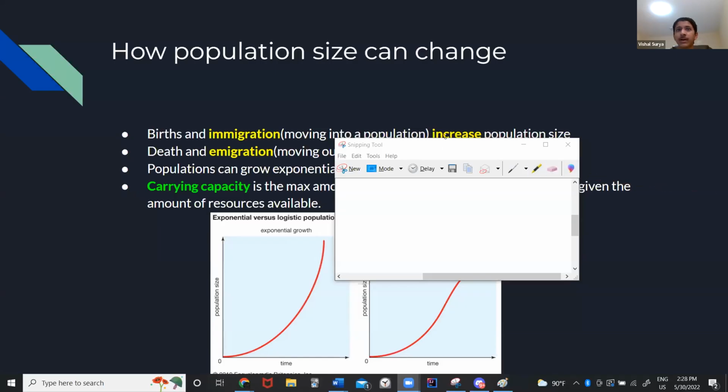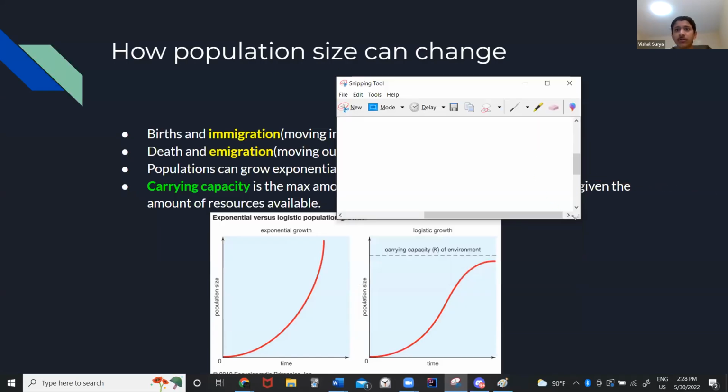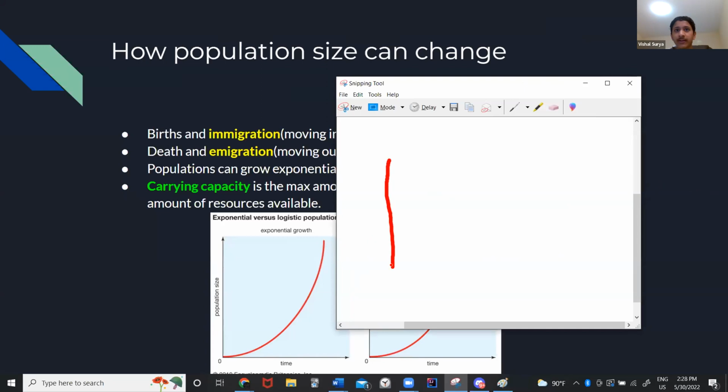So I'll do another drawing thing. Let me pull that out. Yeah, let me get back on the screen share. All right. So let's draw a graph right here. When we have our carrying capacity, we can highlight that in blue or black, I guess.